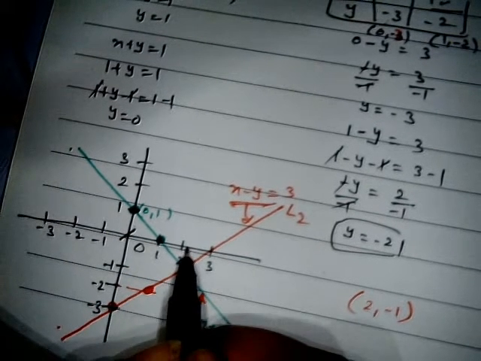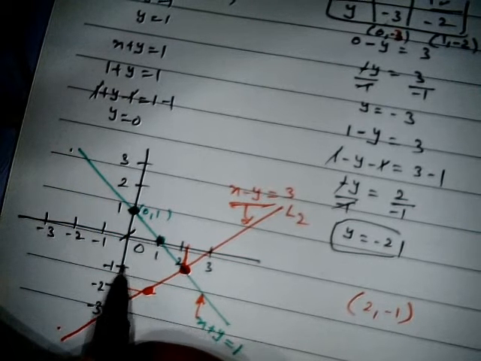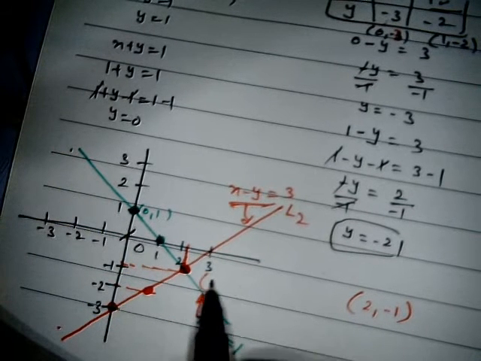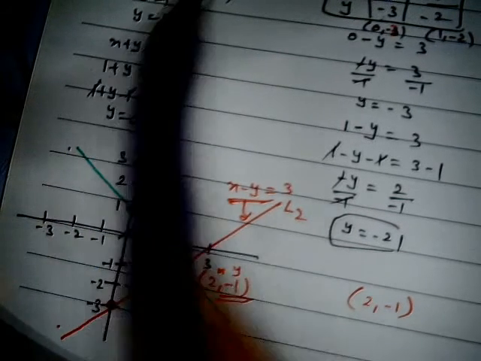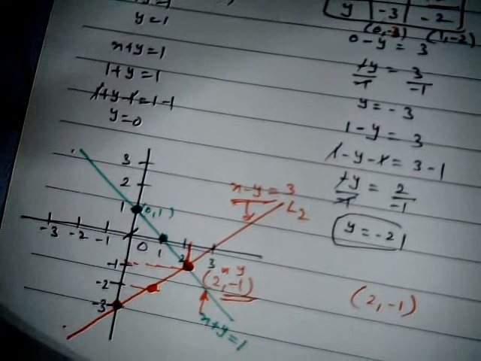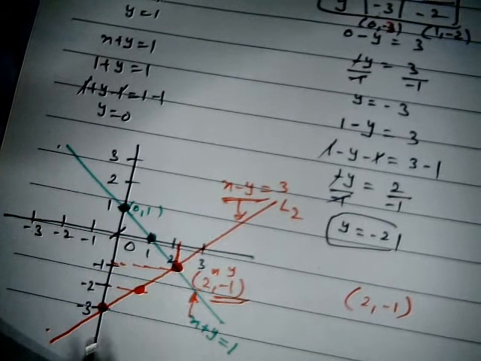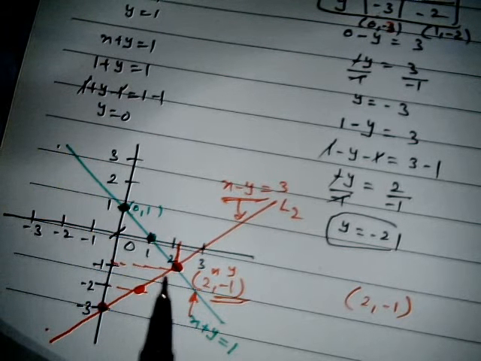So this is the value of x and y, the solution you got for these two equations. This is the case when the lines intersect at one common point. This is called a unique solution, and the solution is consistent. So I have taken this one question and discussed case 1.